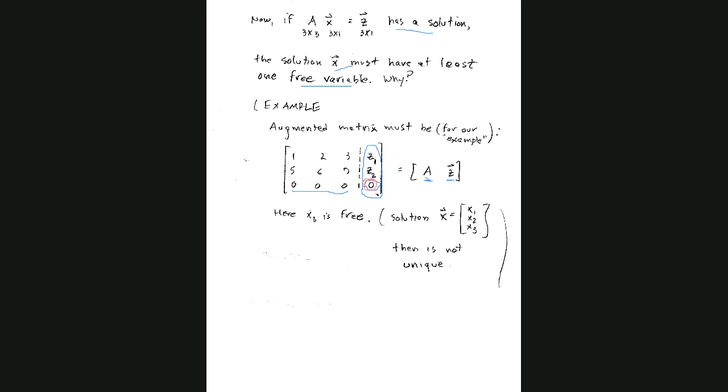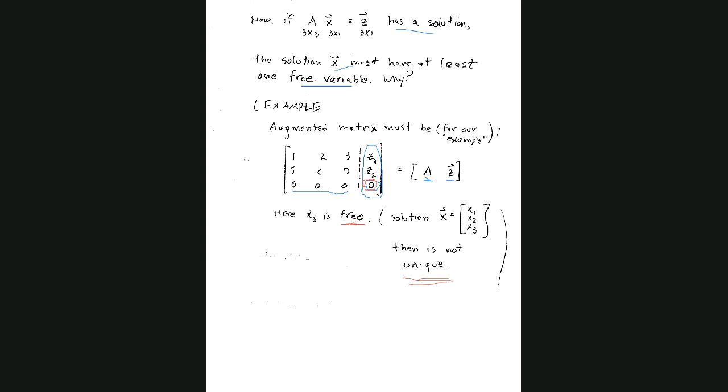But then if it does, that means you're going to have a free variable. You have to have a free variable in the solution, and so therefore the solution x is not unique. The other option would be that the system doesn't have a solution, but I'm just going to touch on this right now, because there's definitely no unique solution.